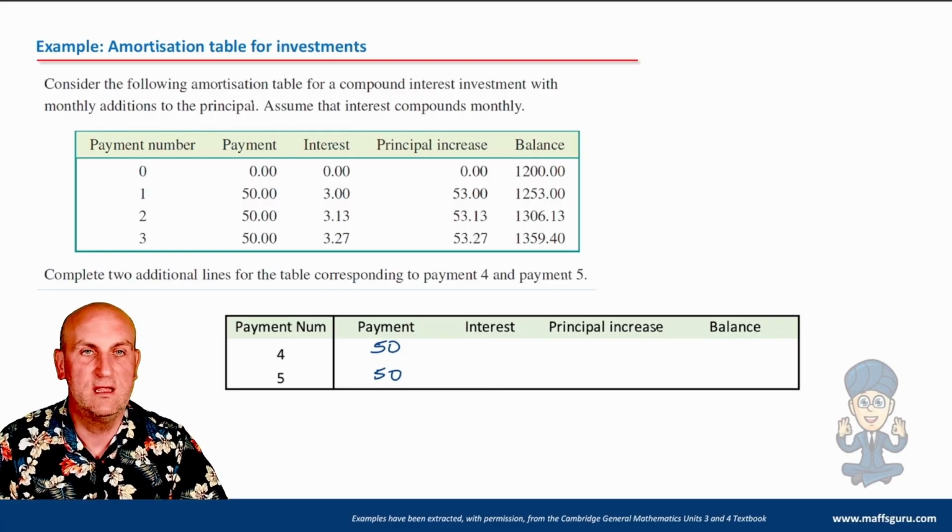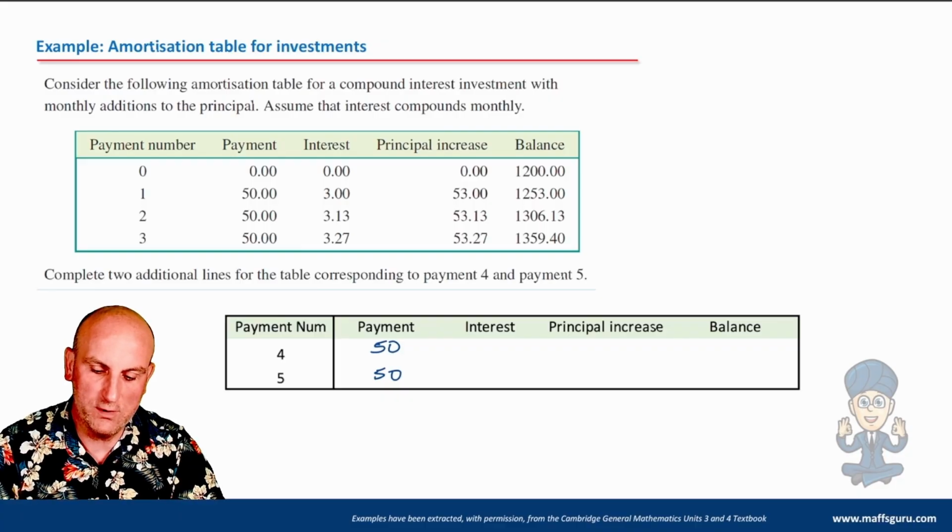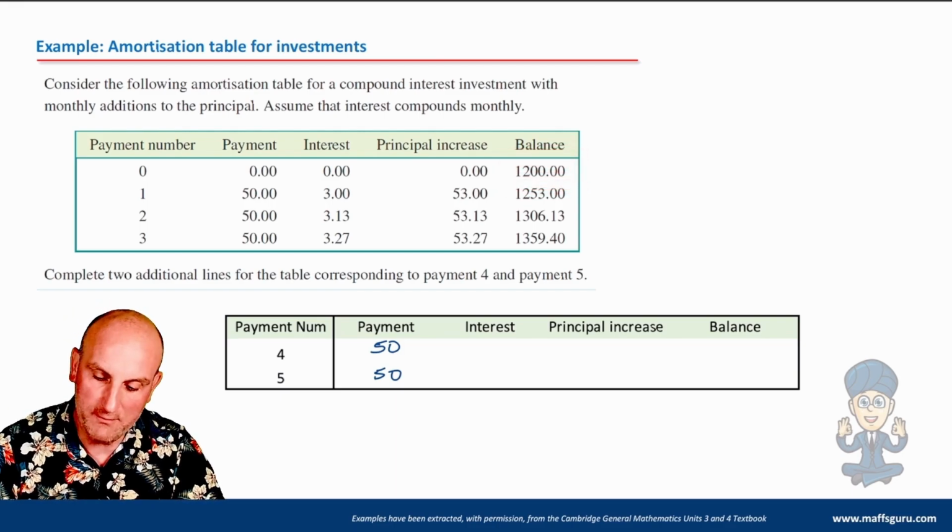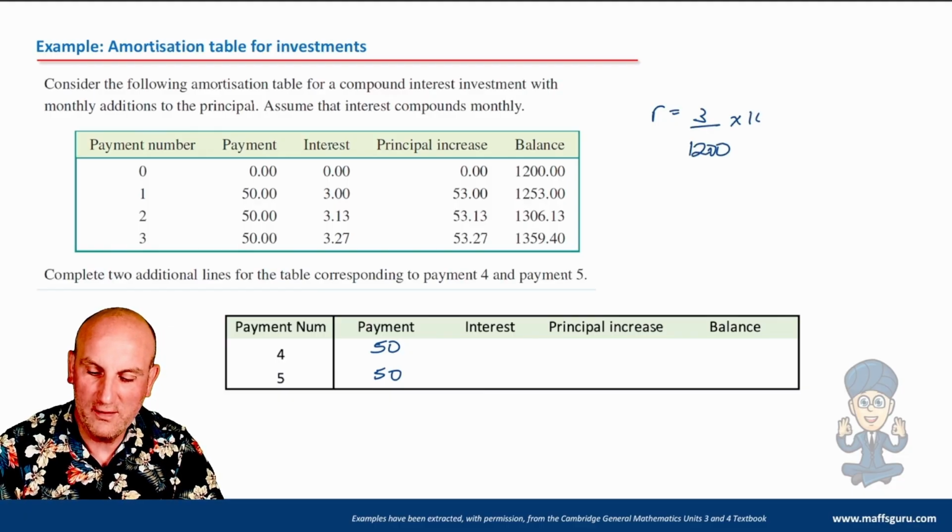My interest, I've got to work out my interest. Do we actually know what our rate of interest is? Well, no, not at the moment. So what I need to do is work it out. I can work out my interest by taking an interest rate, dividing it by my previous balance, and multiplying it by 100. So my rate of interest is going to be 3 divided by 1200 times 100.